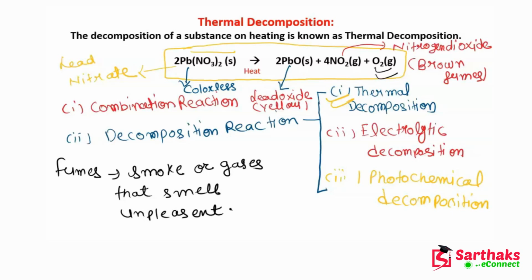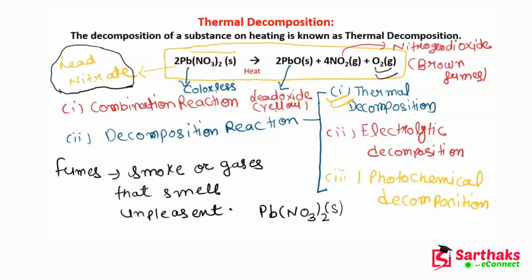I hope guys this thing is clear to you. So what do you have to remember? This equation can be directly asked in the observations. You can be asked, if you provide heat to lead nitrate, what is your observation? Two things you have to remember. First is the formula of lead nitrate, which is Pb(NO3)2, and this is in solid state.